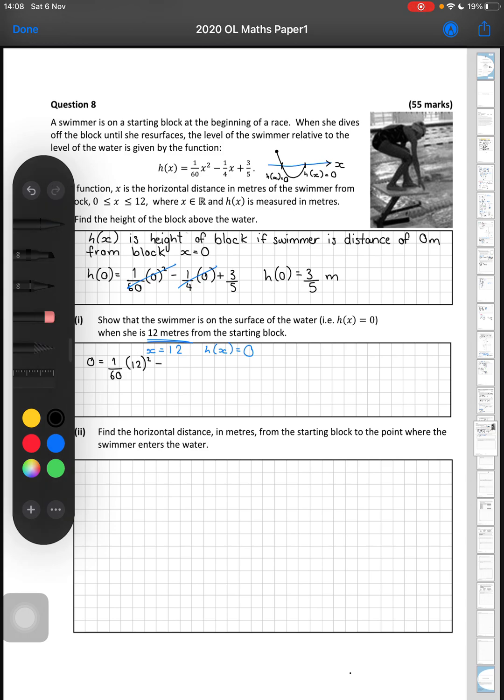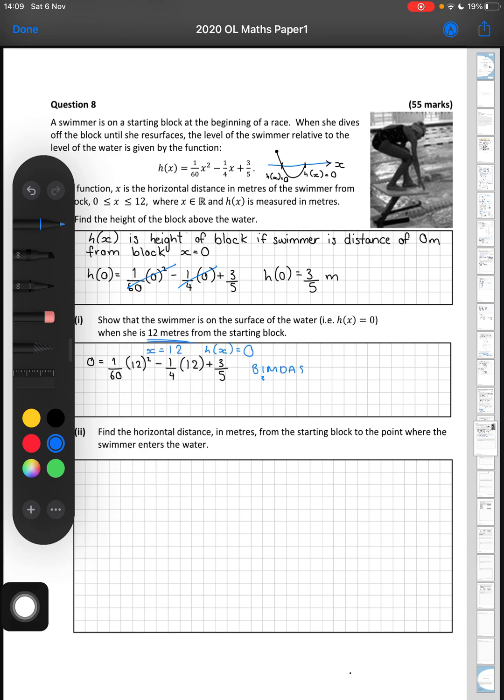So we can just fill these into the equation up here and see if the equation works out. So h of x, I'm going to fill in as 0, is equal to 1 over 60 times x squared, so 12 squared, minus 1 over 4 times x, so times 12, plus 3 over 5.